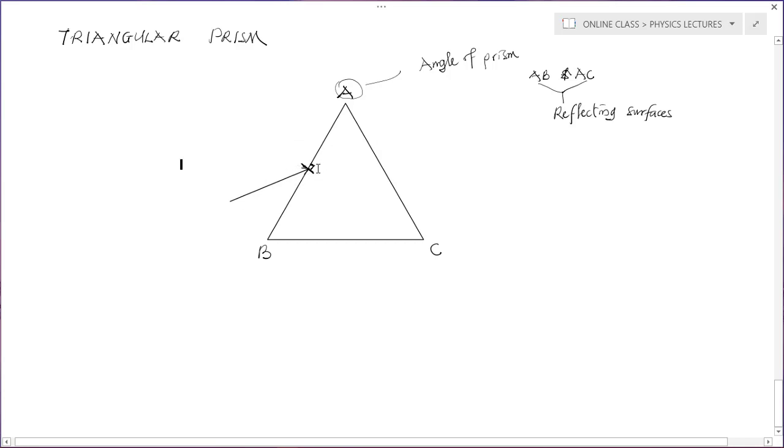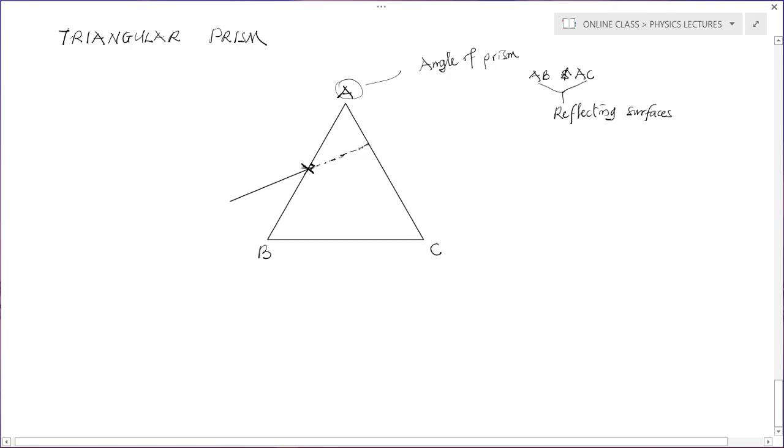But as that ray moves to that place, what happens? If you follow the ray direction, you should have something like this. I just continue the ray in that direction.